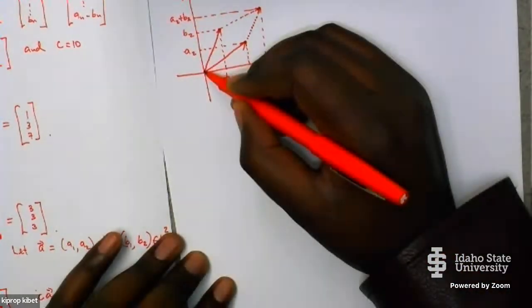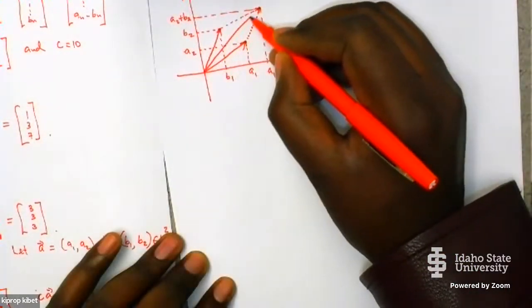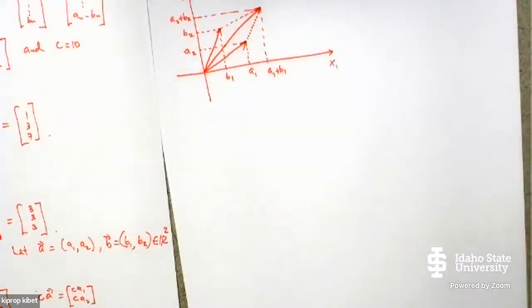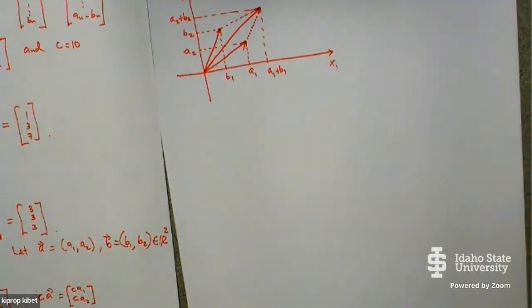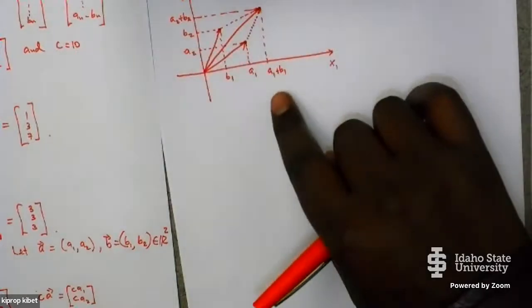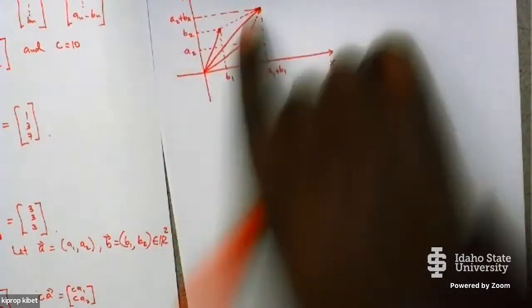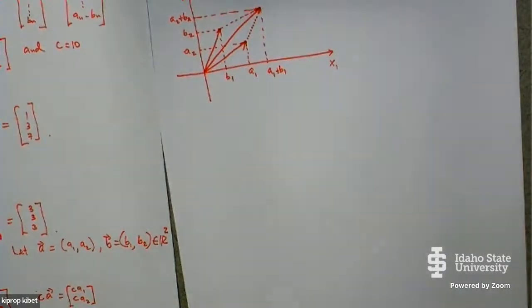So at the end of it, that is our point A1 plus B1, A2 plus B2. So if we are adding the two vectors, it will take us to this point.